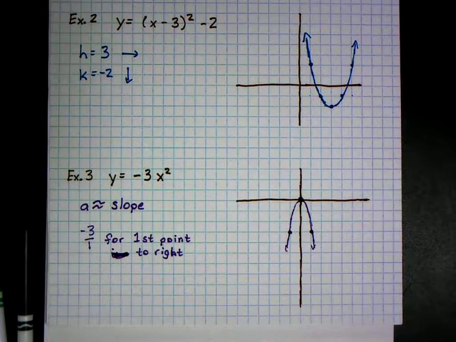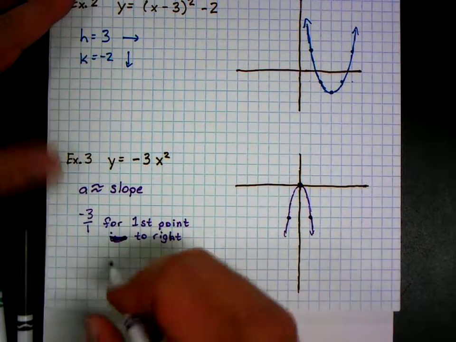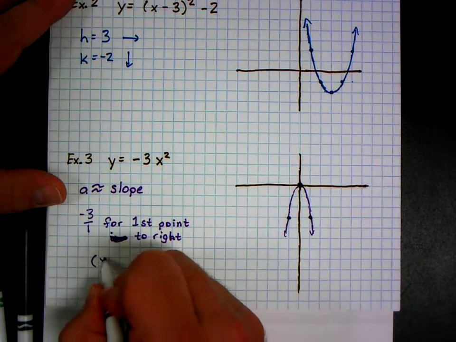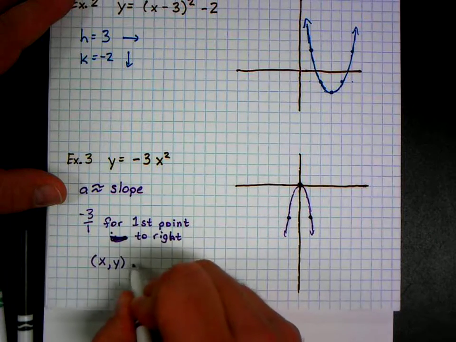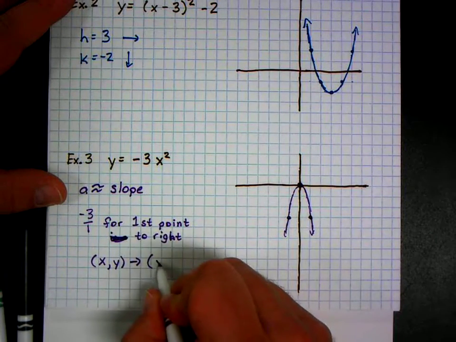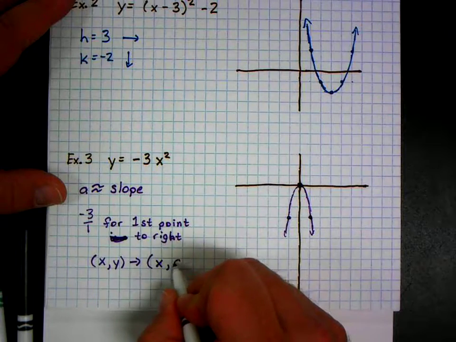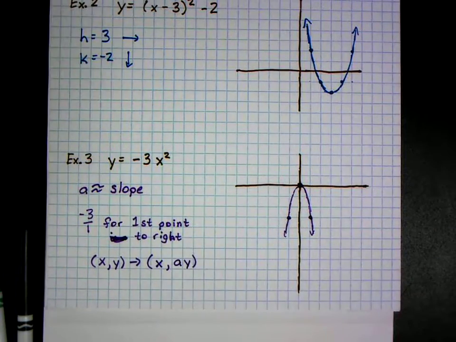Let me go ahead and expand on that a little bit and tell you everything that A does. What A actually does is in all your ordered pairs, it takes and multiplies all of your y values by A. So you know my other y values like 2, 4, I didn't graph that because that's going to go to 2, negative 12.